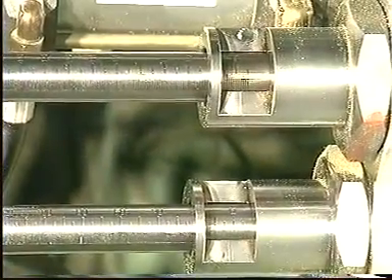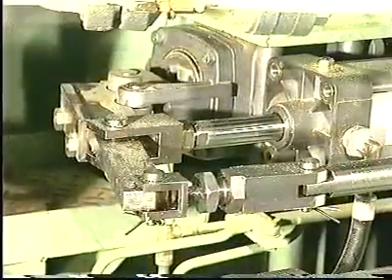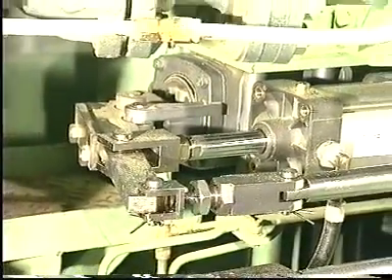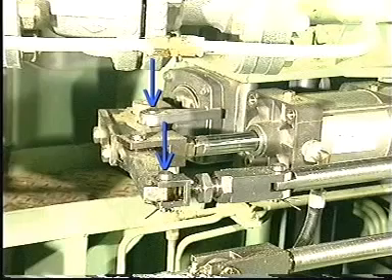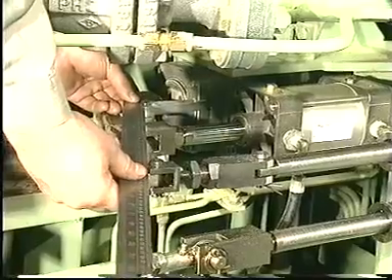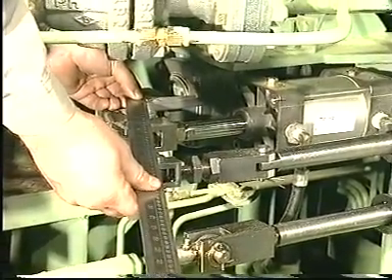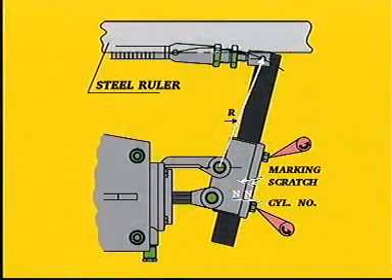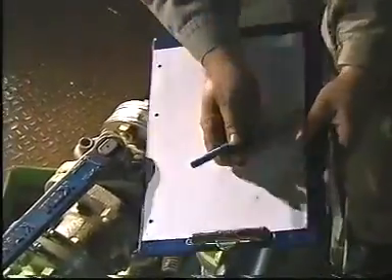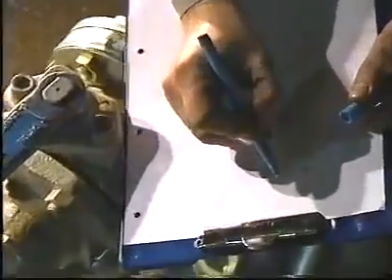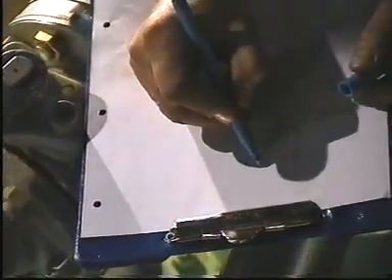Make sure that the VIT index is set at 0. Measure distance R between the two pivoting points. Note down the result.